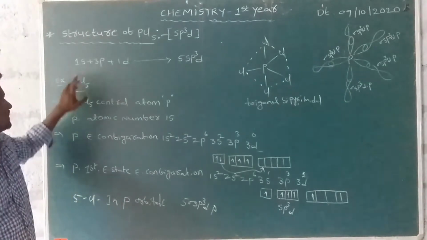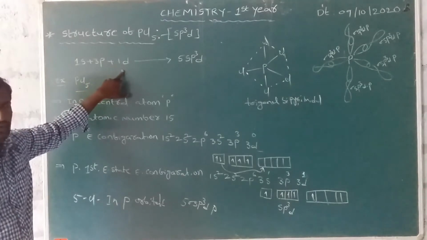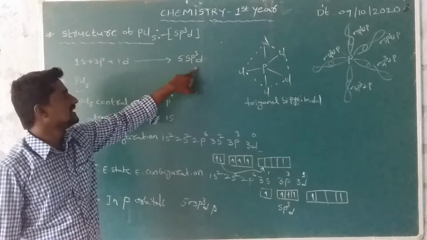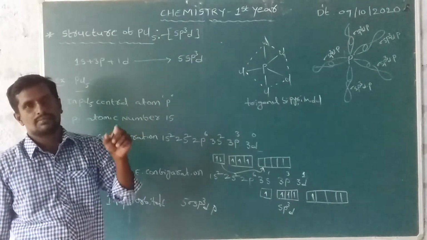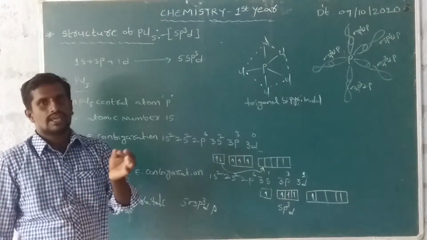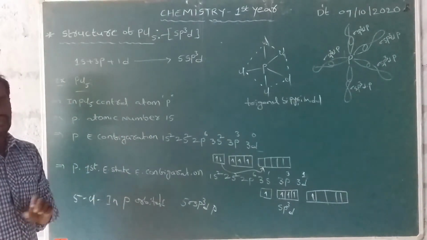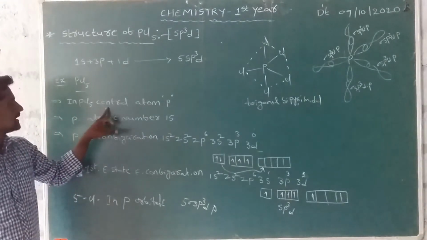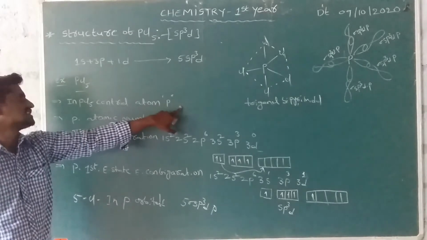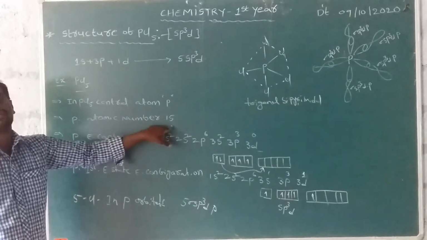Once again, listen: 1 s orbital, 3 p orbitals and 1 d orbital combine to form 5 sp3d hybridized orbitals, which is called sp3d hybridization. The example of sp3d hybridization is PCl5. In PCl5, the central atom is phosphorus, atomic number 15.